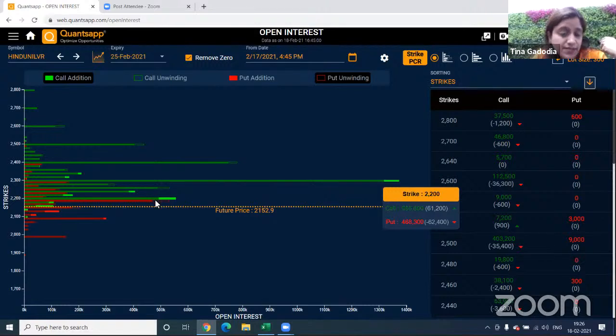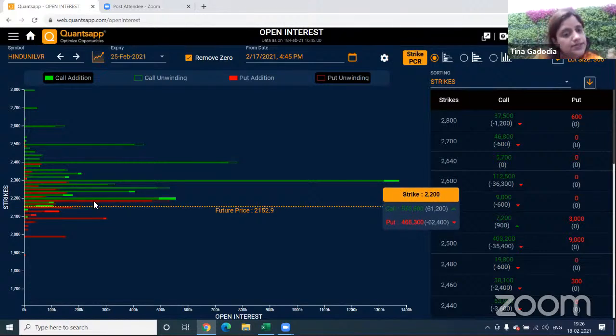That means these put writers still have some faith. There has been minor unwinding today. Now we need to see whether this will continue. Unless I have conviction, I will not hold on to my writing position which is in a loss. Correct? If I have conviction that the price will rebound, only then will I hold on to it.